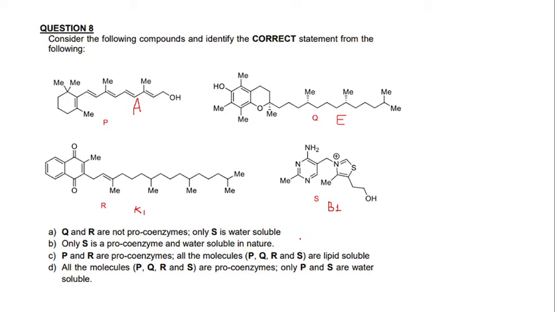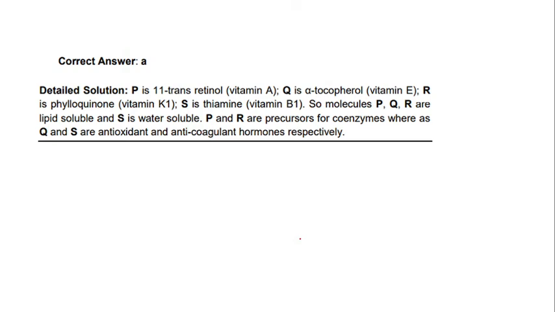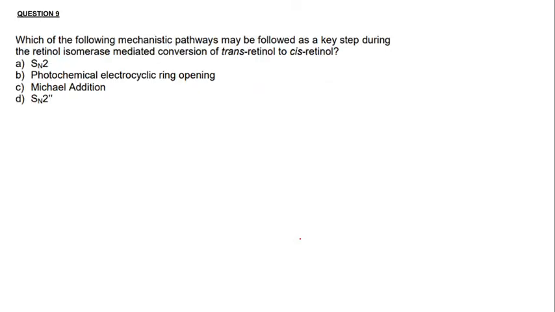Okay. So next question: which of the following mechanistic pathways may be followed as a key step during retinal isomerase mediated conversion of trans-retinal to cis-retinal?